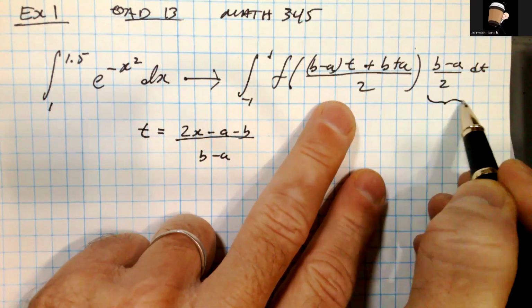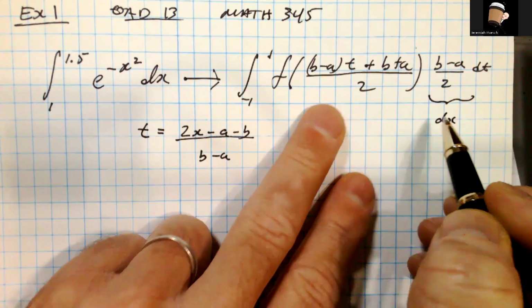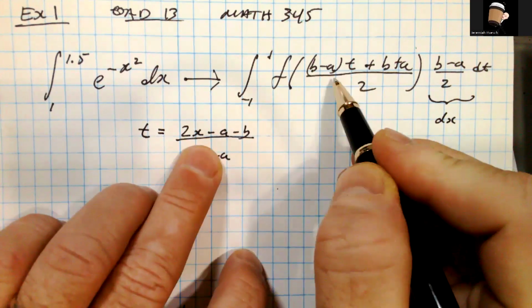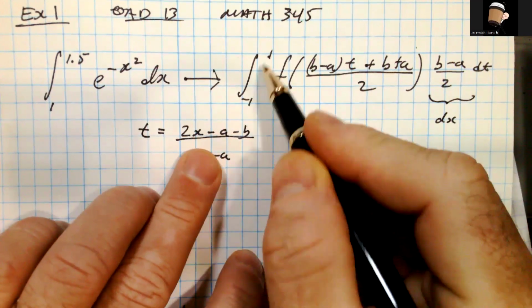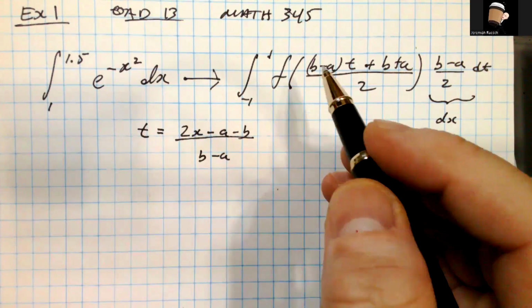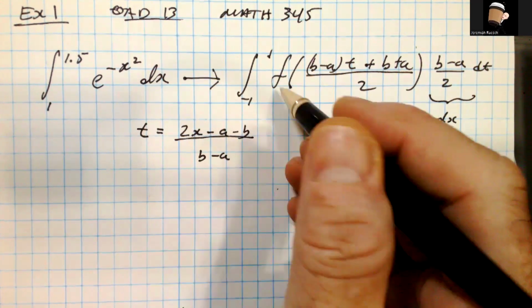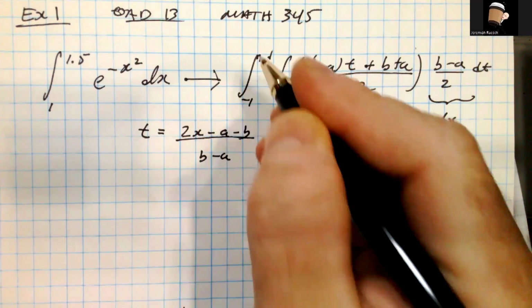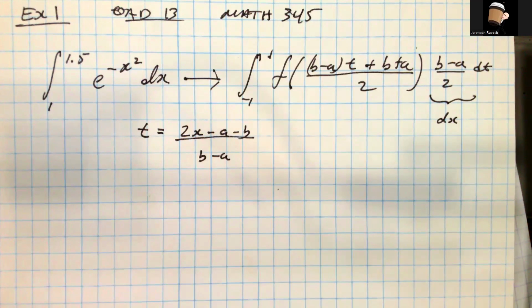So this part right here is the substitution of dx, and solving this for x allows us to write this over the interval from -1 to 1. So we're going to do that, and that will allow us then to approximate the integral.